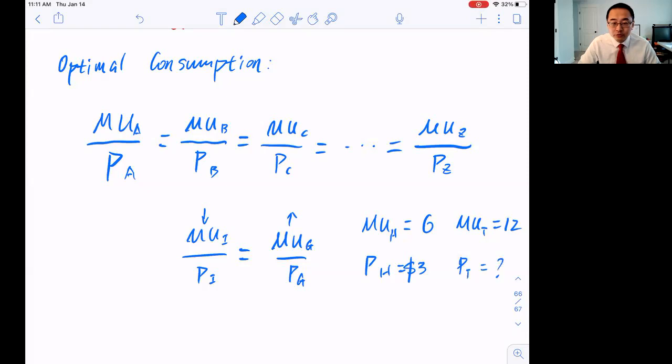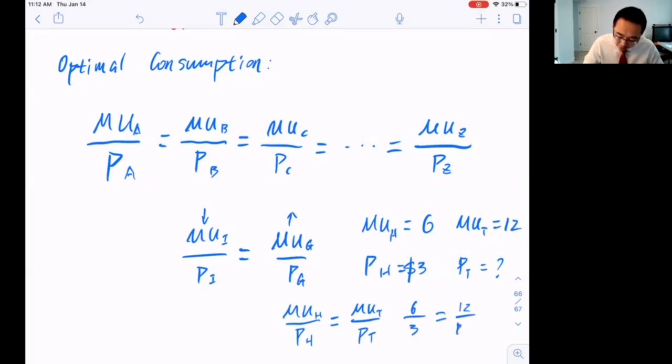If I already told you that he is at optimal consumption, then you should say that the marginal utility of hot chocolate for Jason per dollar should equal the marginal utility of tacos for Jason per dollar. Because he is consuming at his optimal consumption, 6 over 3 equals 12 over the price of tacos.